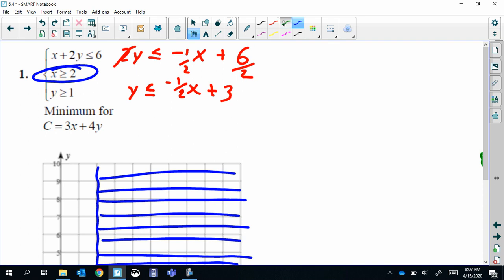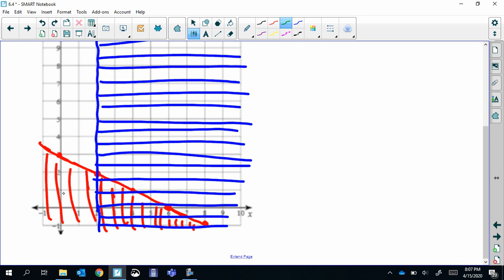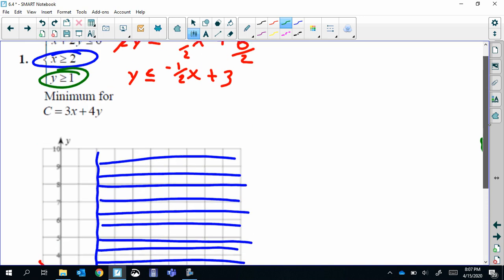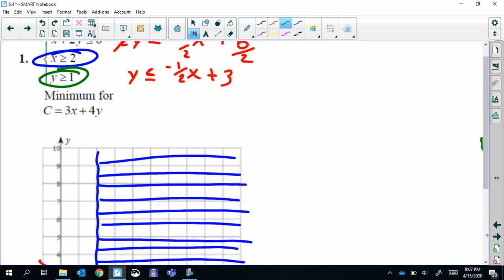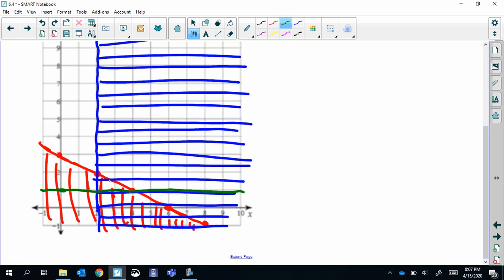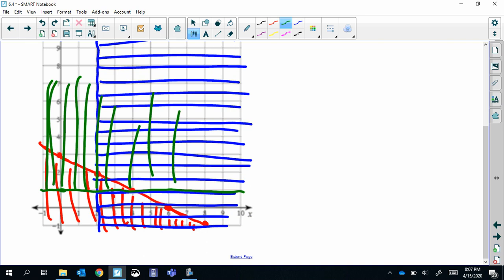All right, and then our last one here, we'll use green because I haven't used green yet. y is greater than or equal to 1. So we go to y is 1 on the y-axis. Solid line straight through that because it was or equal to. And our inequality was greater than, which means we're going to be going straight up from there. All right, so we're looking for areas that have all 3 colors.